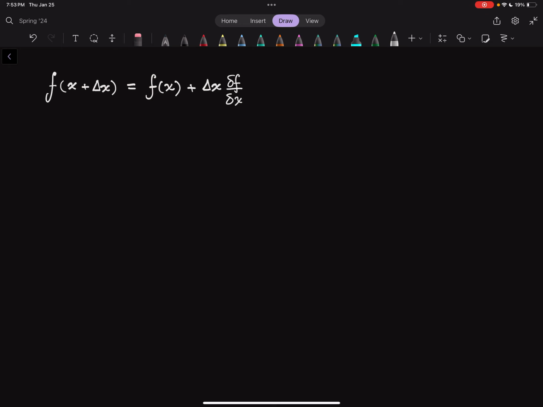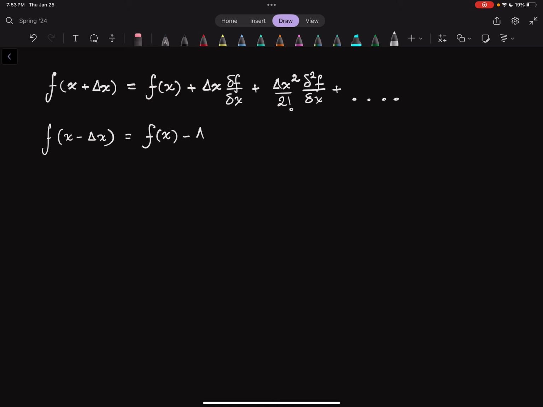And then I can just keep doing it for better precision. So this would be a second derivative, and this would be divided by 2 factorial. And then you would keep going and going. Now, we could do a similar process if we wanted to estimate a value to the left of our current value.